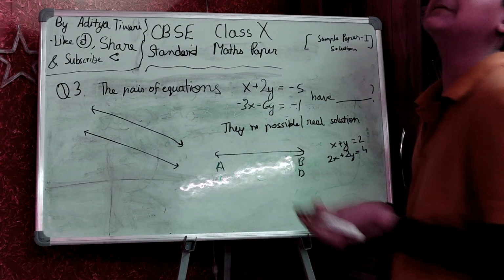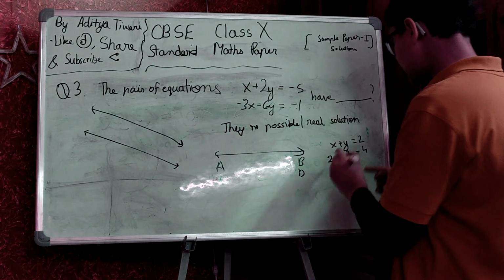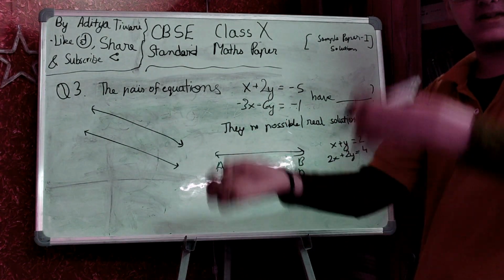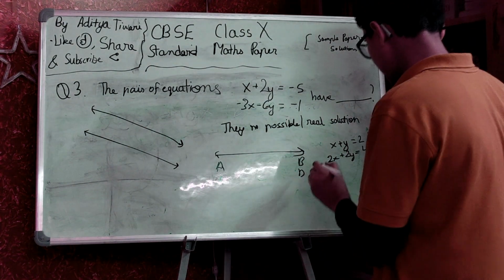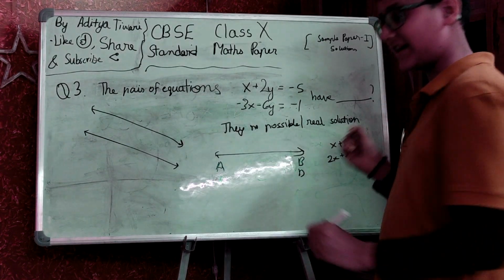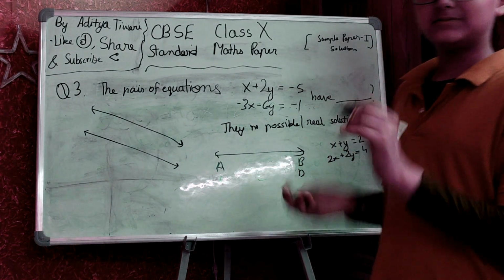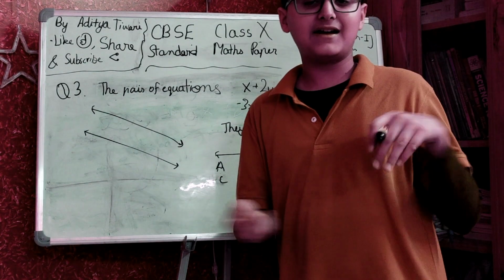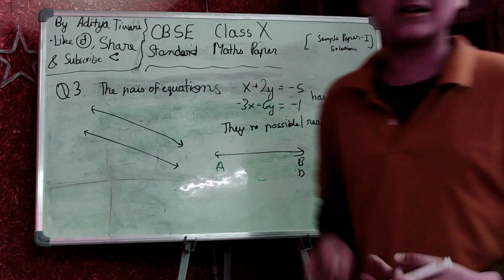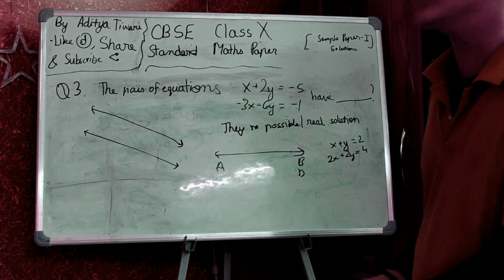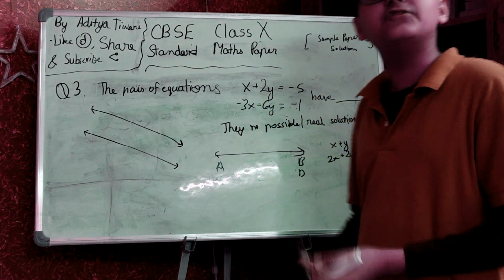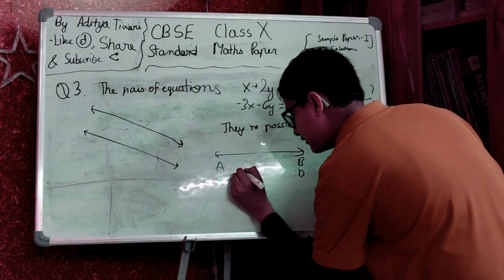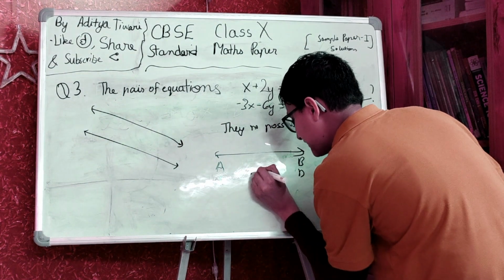You just multiplied it by 2. So if you divide each side by 2, you get x plus y equals 2. It's the same equation. So you're getting infinitely many solutions.